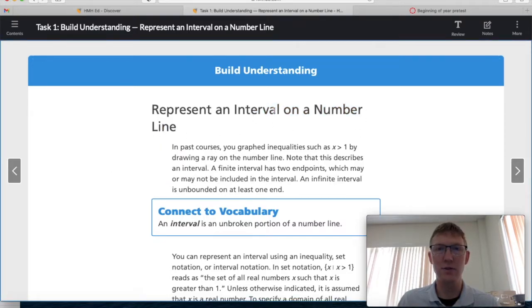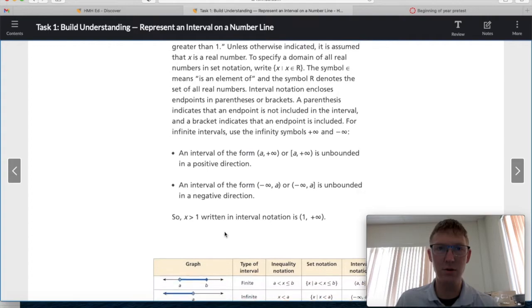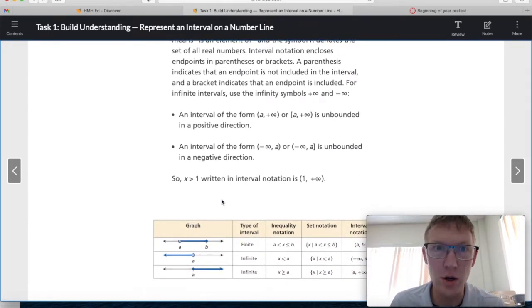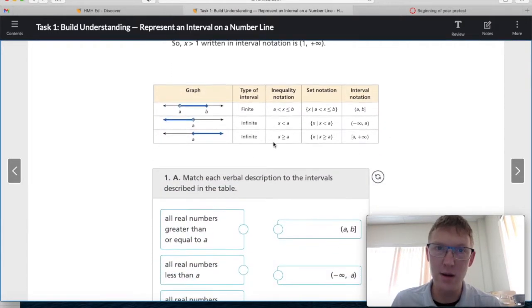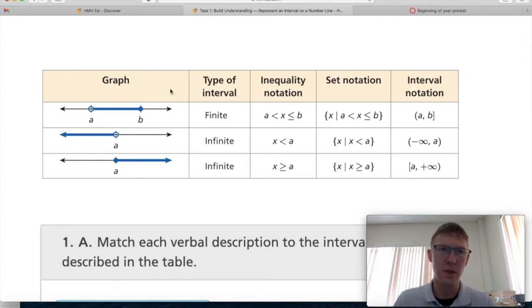Here's our vocabulary: an interval is an unbroken portion of the number line. Here's this long, lengthy explanation that you can read on your own time. But here is basically what we're talking about when we're talking about intervals. Hopefully this is a bit of review, but an interval is any section of the number line.